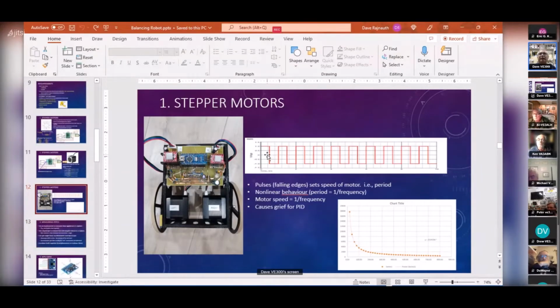As I said, it's the frequency of the falling edges that sets the speed. If you plot the period versus the speed at which it spins, you'll see it's a 1/x relationship. And this is what causes grief for the PID. It's not linear. PIDs assume linear behavior.